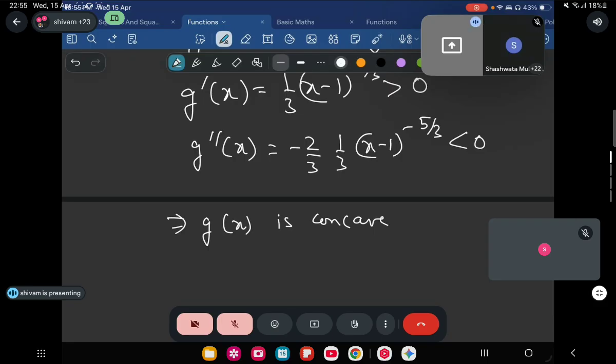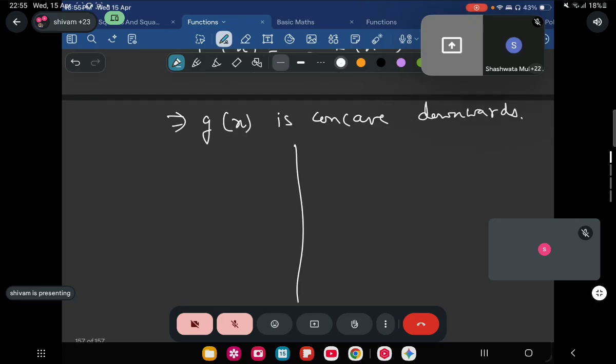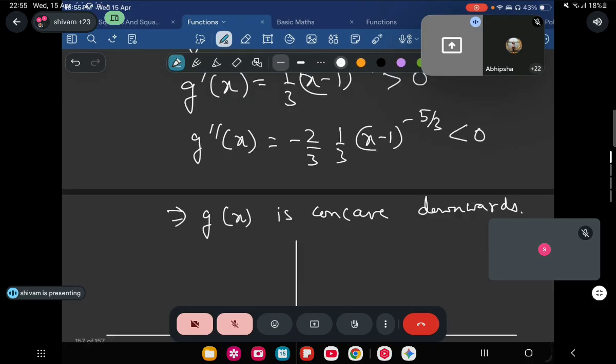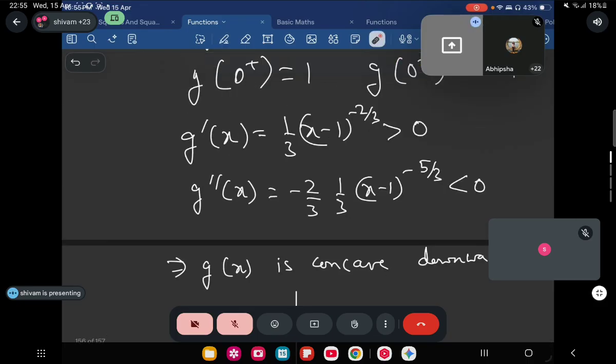Are people getting how I've got concave downwards? Yes, sir. Okay, and on the left hand side it will be concave up. Concave downwards because g double dash x is less than 0.